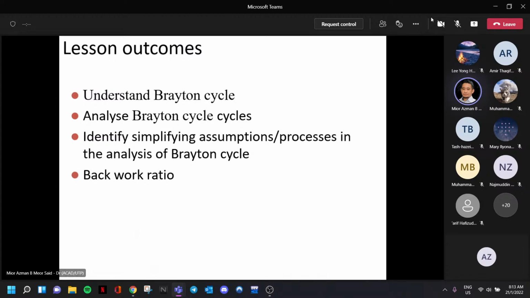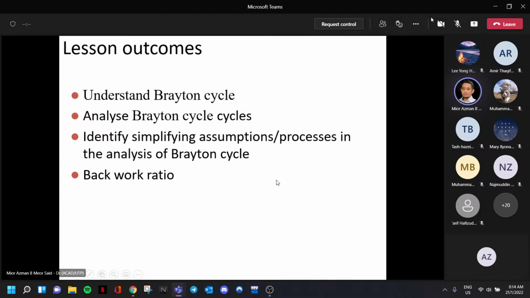So it's still an ideal cycle, like we were introduced to in the Otto cycle and Diesel cycle, where you know that it's a hypothetical cycle where irreversibilities are not considered. The losses and friction are not considered, and it's the most idealized cycle. The same goes with the Brayton cycle, which is meant for gas turbines.